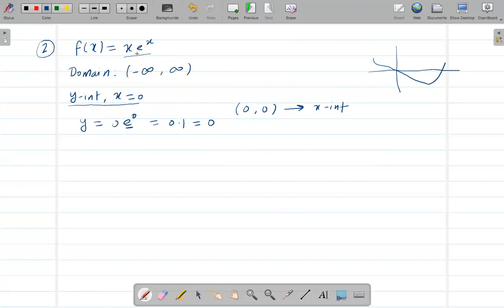But here, since we have an e, the graph would go through (0, 0) and might be something like this. So there is no other x-intercept point. So (0, 0) is both the x-intercept and the y-intercept.